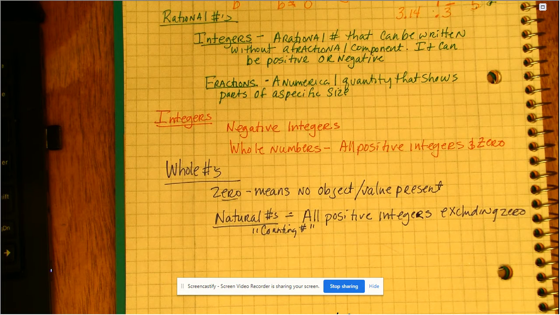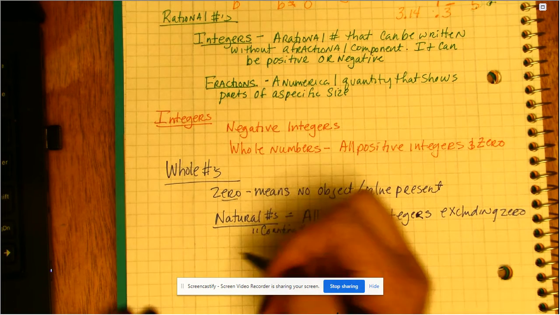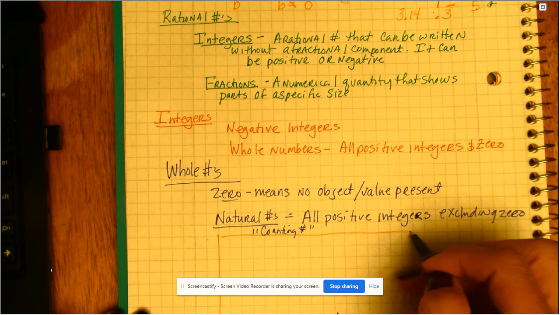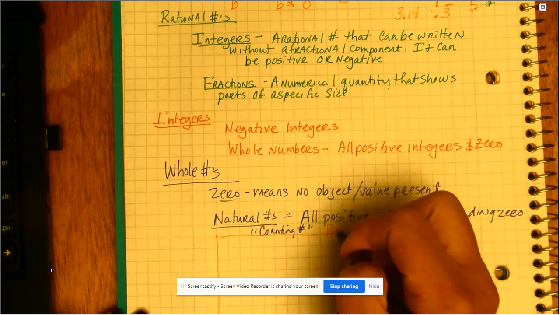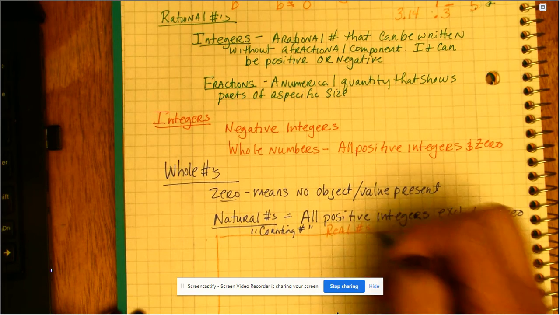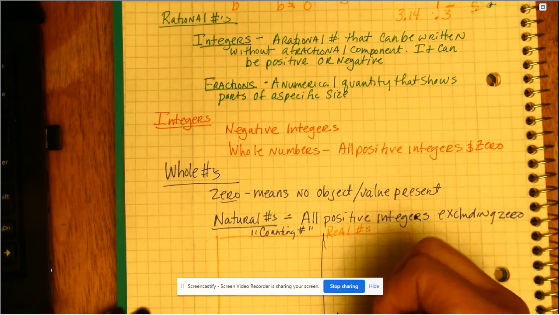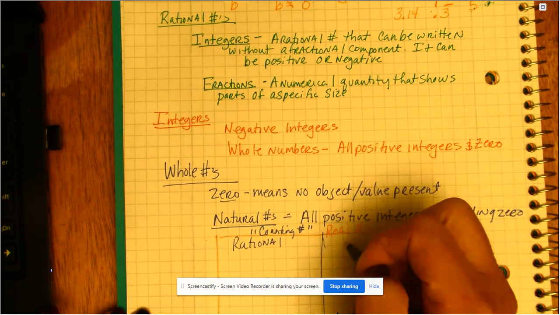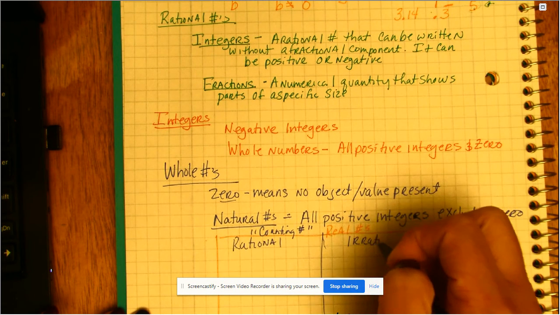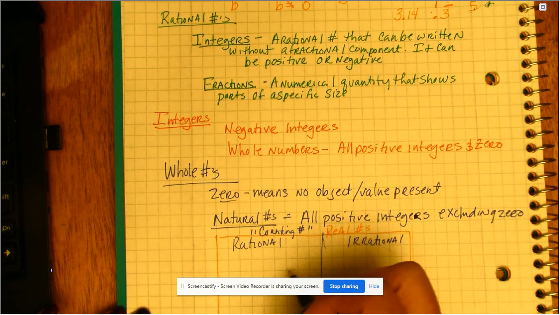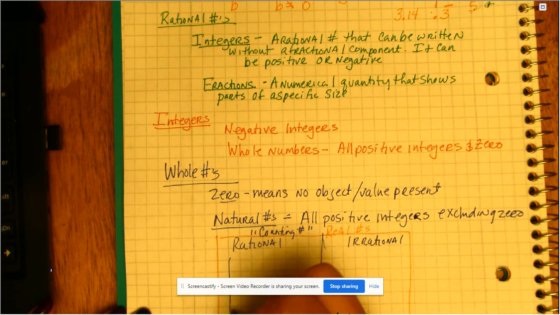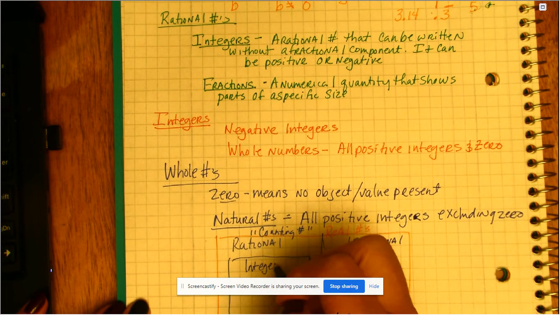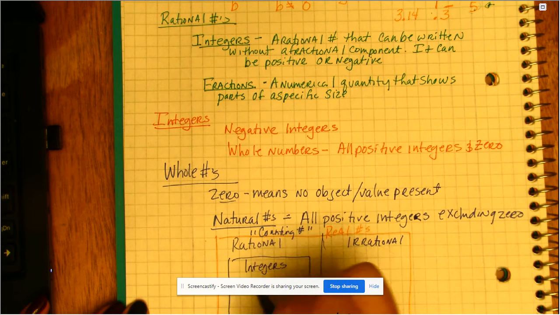And if we wanted to make a graphical representation of this, if we just drew a box, and we considered the box real numbers, right? We would break that apart to first be rational and irrational. And then inside rational, we have integers. Inside integers, we have whole numbers.